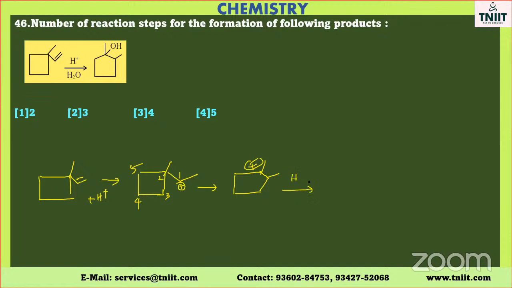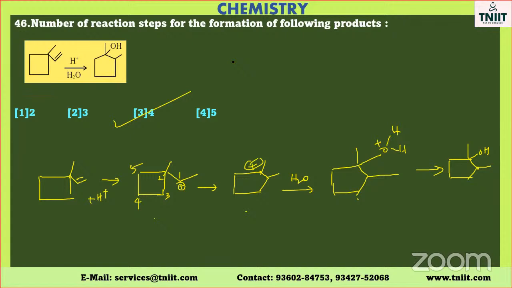This on hydrolysis will get a compound with H and H. This further decomposes to give a product like this. This is the product. So here the number of steps involved is 1, 2, 3, and 4. The answer for this question is 4 steps.